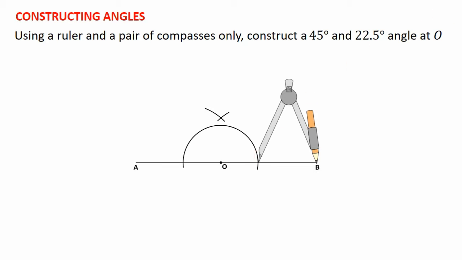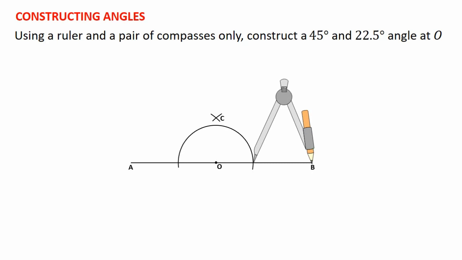I'm going to clean the excess part of the arc so that you can see it very clearly. Now this is the point of intersection of the two arcs, and this is point O. I'm going to call the point of intersection of the two arcs point C. So I have point C here. To get the 90 degrees angle, we will join point O to point C using our ruler and our pencil.